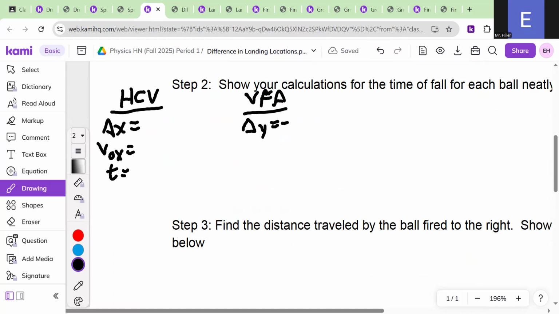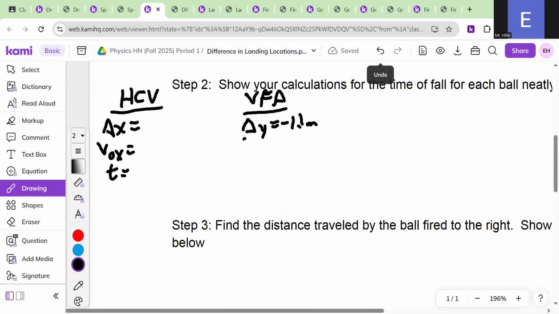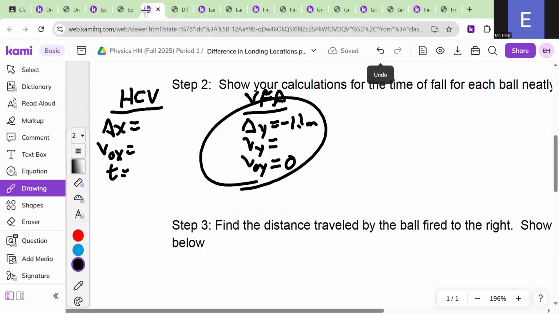I know delta y for me is going to be negative 1.1 because that's how far the ball is going to fall. 110 centimeters is 1.1. Negative because it's falling. V naught y is 0 because the projectile is horizontally launched, and also because the one that is dropped is dropping from zero as well. So both of them have an initial velocity of zero.